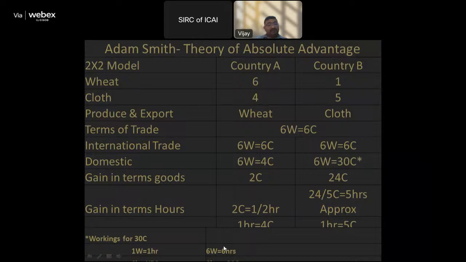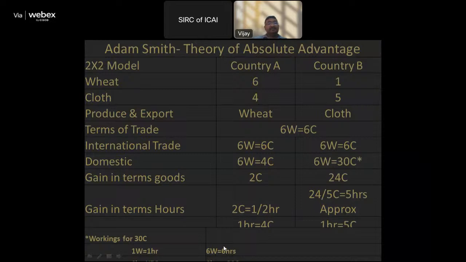So I will devote the 6 hours to cloth, and then I can produce 30 units of cloth. If that be the case, 6 units I need to export for country A. So the balance of 24 units of cloth is the gain on account of international trade.